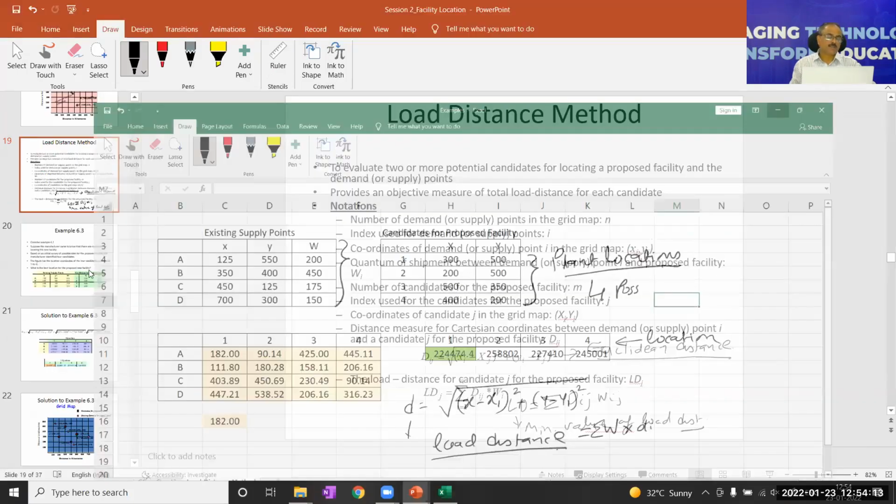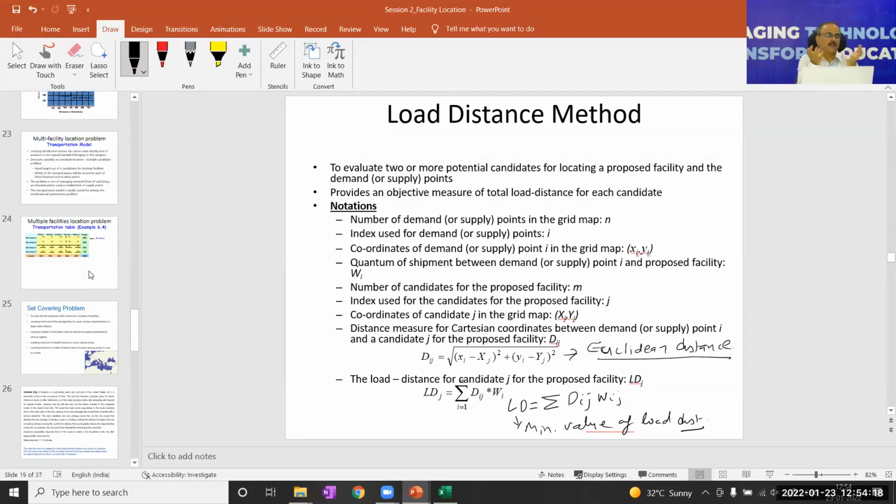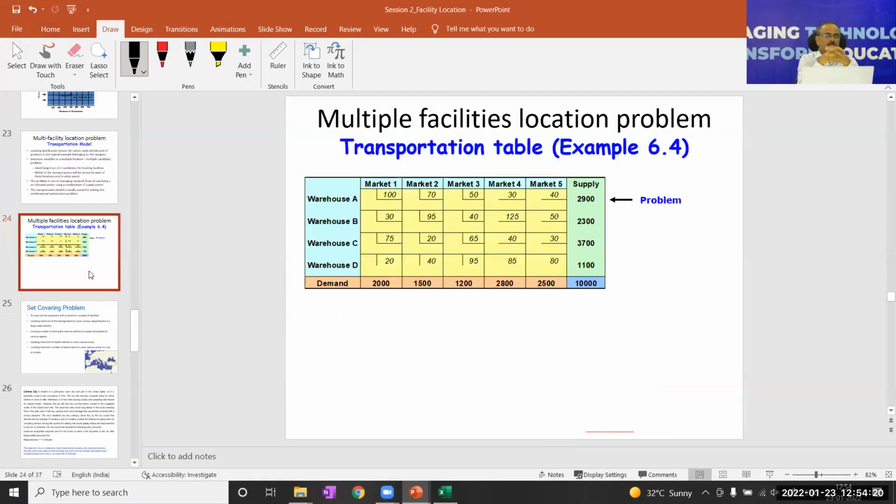Another situation that we have looked at is the transportation problem. You have already gone through the course on operations research, wherein you might have worked on the transportation problem. In this case, we are looking at which warehouse should supply material to which market region.